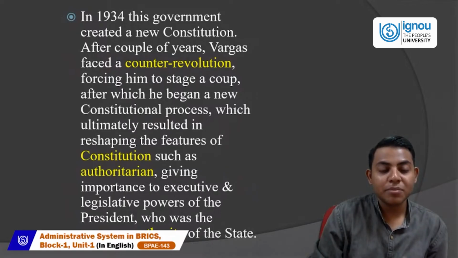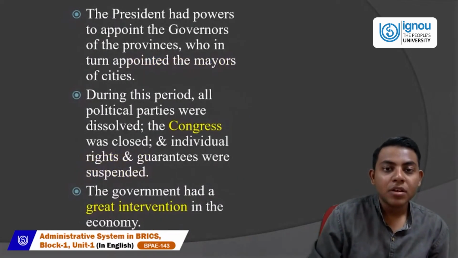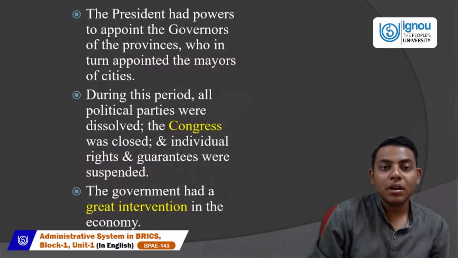And this constitutional process ultimately resulted in reshaping the features of the constitution, such as being authoritarian, giving importance to executive and legislative powers of the president, who was the supreme authority of the state. As per this constitution, the president of Brazil had the powers to appoint the governors of the provinces, and these governors then in turn appointed the mayors of the cities.